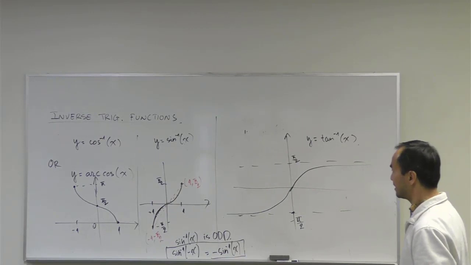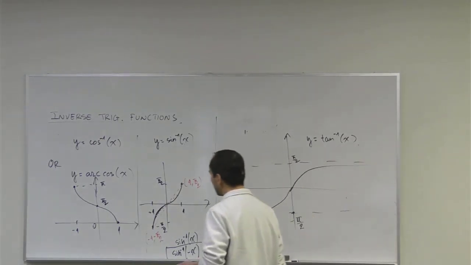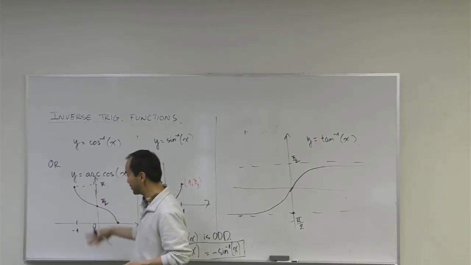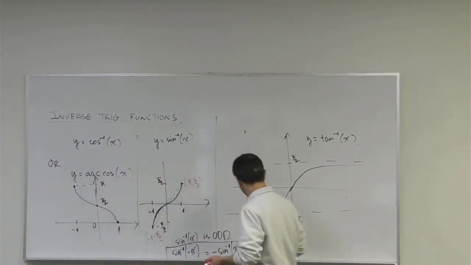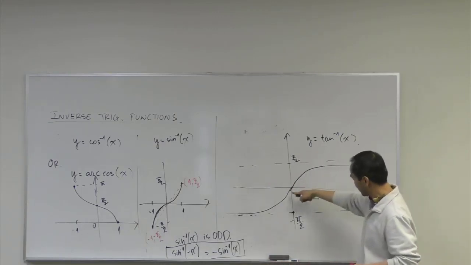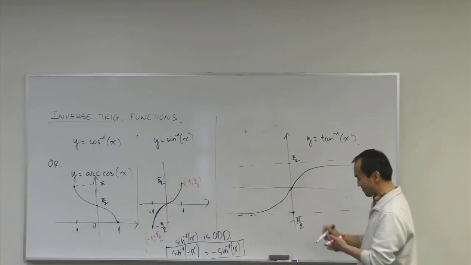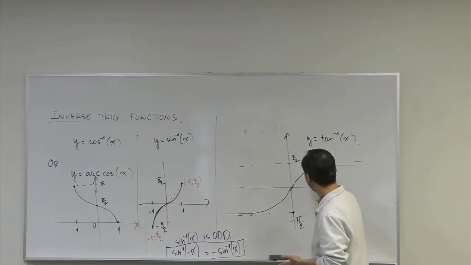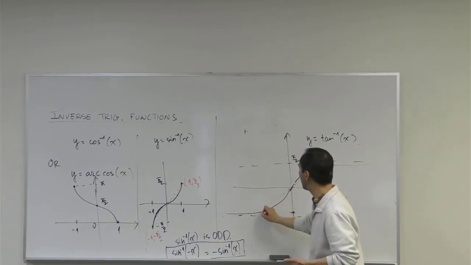Cosine inverse is indeed neither odd nor even. It's just some function out there. But tangent inverse is also odd. You pick a point here, and you can find the exact mirror image on the other side.